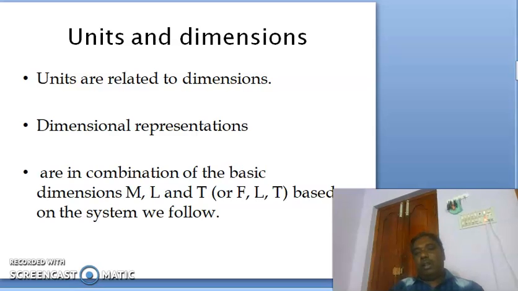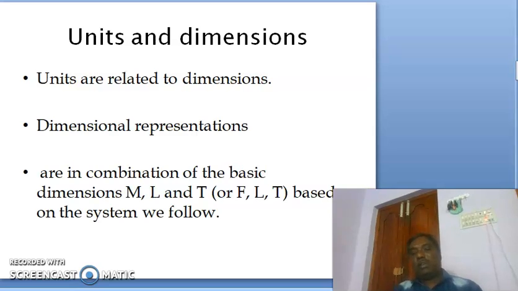So units and dimensions. Units are related to dimensions. We have dimensional representations, and they are in combination of the basic dimensions that are M, L and T, which we have already expressed as mass, length and time, or it could be FLT, which are force, length and time.